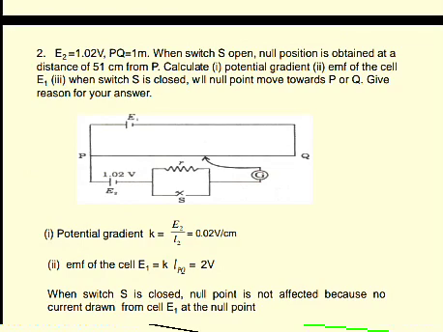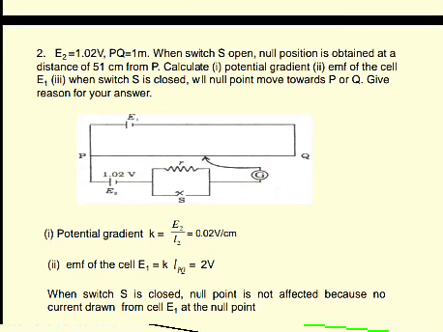Dear student, in the previous topic we already discussed that the potential gradient is given by K is equal to E1 upon L1 or E2 upon L2. In this condition, the potential gradient K is equal to E2 upon L2, that is equal to 0.02 volt per centimeter.